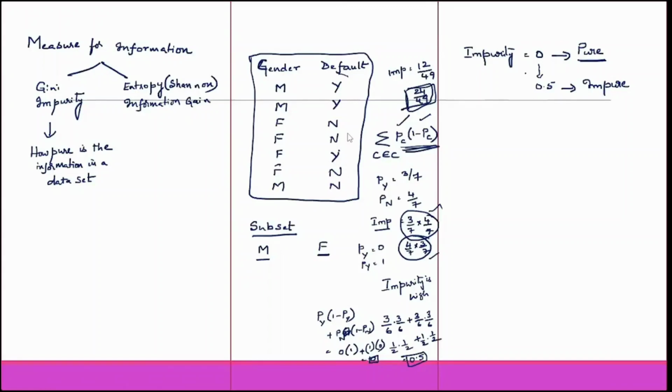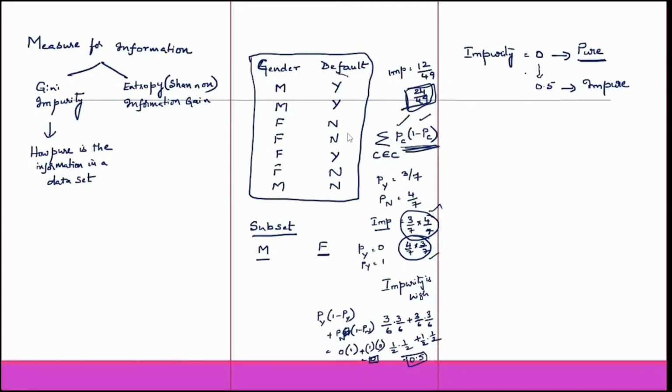So probably if I just leave it to randomness, then it is like 3 by 7 and 4 by 7 allotments to true and false, or yes and no. So it is becoming more and more impure.